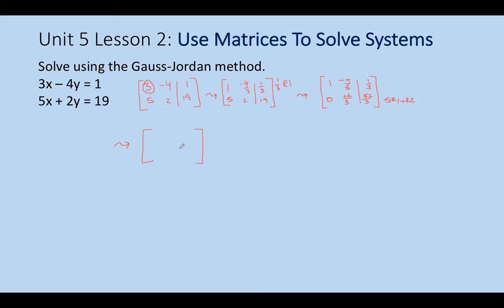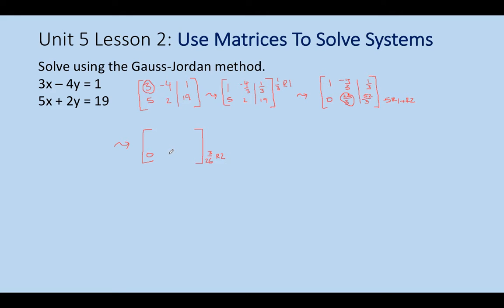Here we wind up with, well, now we want to turn this number right here into a 1. And so how do I turn 26/3 into 1? Well, I multiply it by 3/26. So 3/26 times row 2. And well, of course, 0 times 3/26 is still 0, so that's nice.